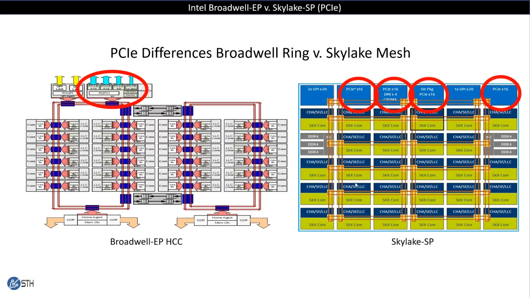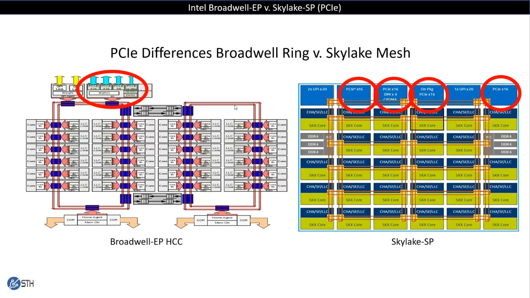On Skylake, it's a bit different because now, if you're a core, you can, for example, traverse a single wire and get to DDR4 controllers. You can go through another series of interconnects and get to the PCIe. But at the same token, these are not the same latency as having to traverse this entire ring structure.